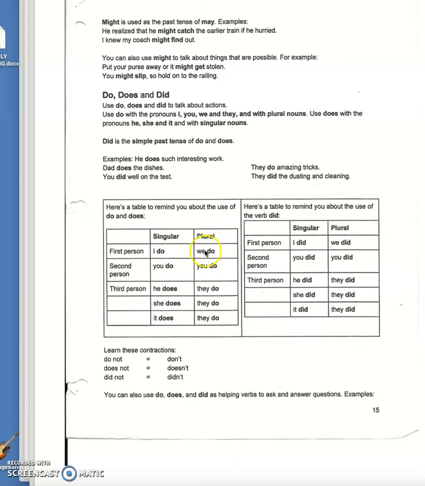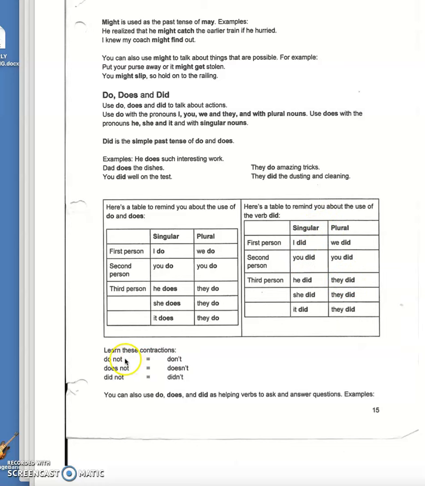And now with plural, we do, you do, they do. And now for the verb did. So first person, so this is past tense. I did, you did, he did, she did, it did. We did, you, plural, did, they did. So that's easy. It's just did for all of them.